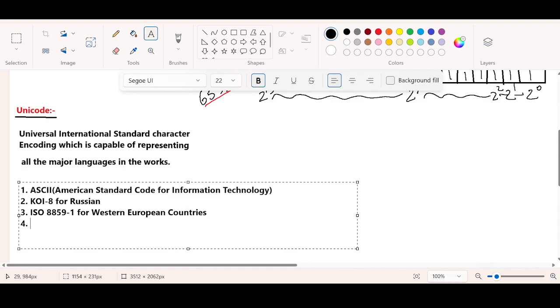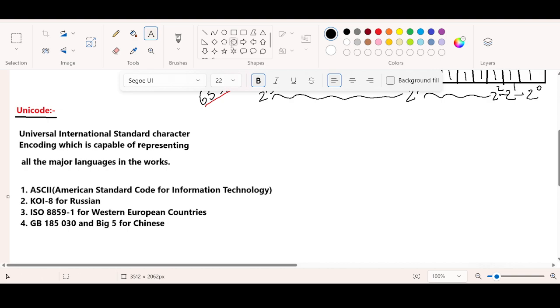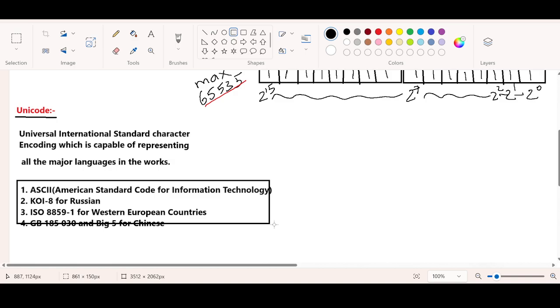Chinese people have their own standardized set, something like GB 2312, and also Big Five for Chinese. You do not have to remember all this. I'm just trying to introduce what Unicode is. So these are limited to their own countries.